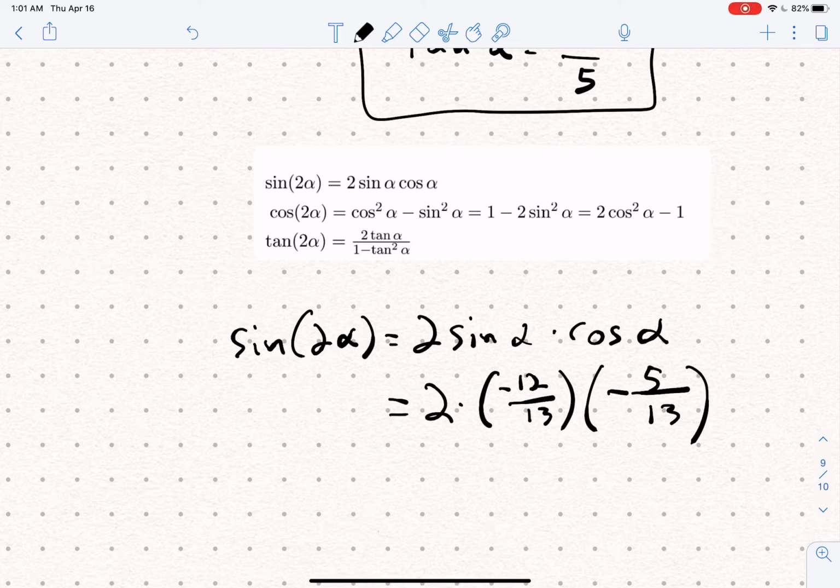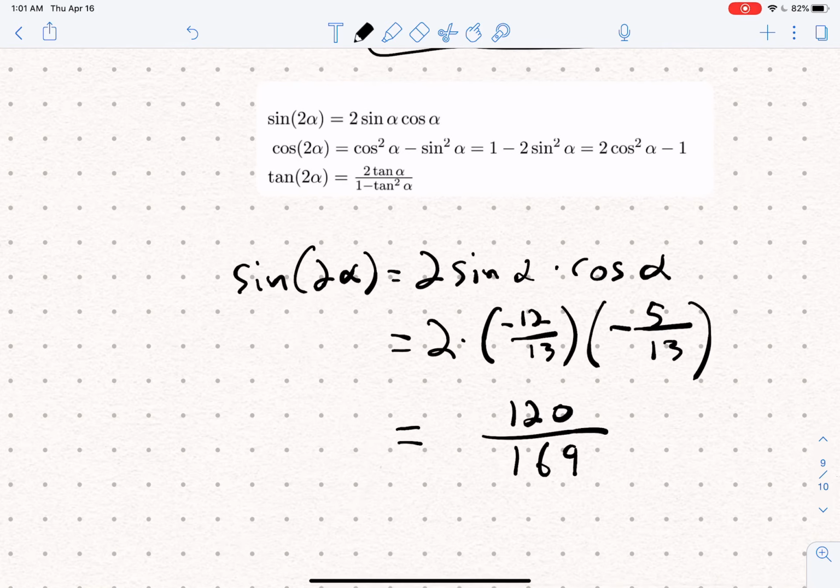I notice there's a negative times a negative, those will cancel each other out. On the top, we have 2 times 12 times 5, which is 120. And on the bottom, 13 times 13, I happen to know that's equal to 169. So that is my sine of 2 alpha.